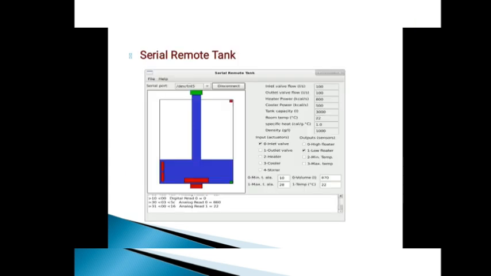Coming to the next component, the serial remote tank. It indicates the level of the water, and when the water overflows it notifies with a signal.